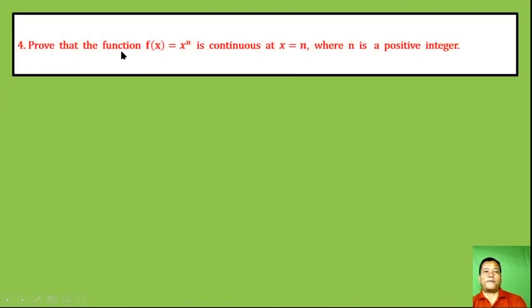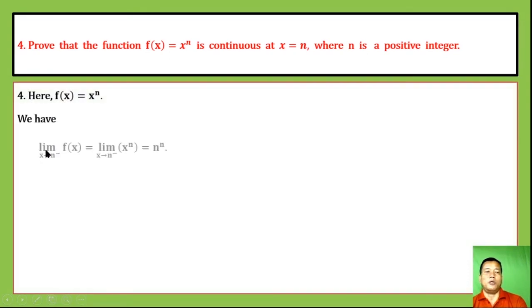4. Prove that the function f of x equal to x to the power n is continuous at x equal to n, where n is a positive integer. We have left hand limit of f at n is equal to the limit of x to the power n, which is n to the power n.